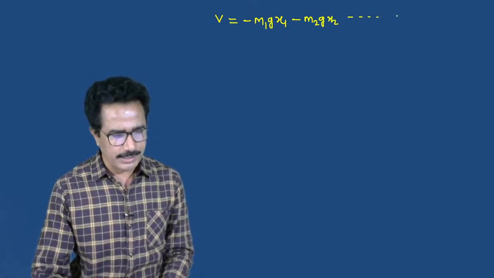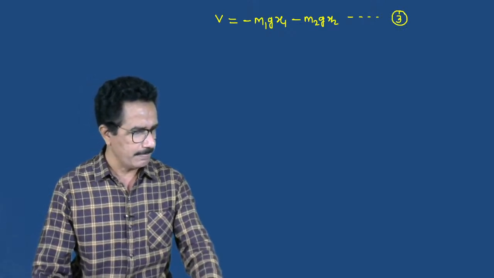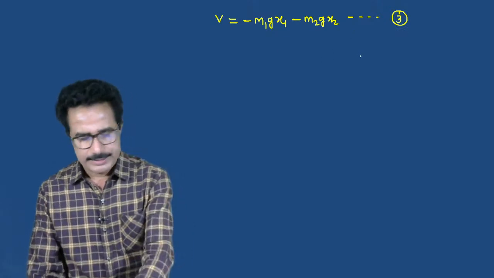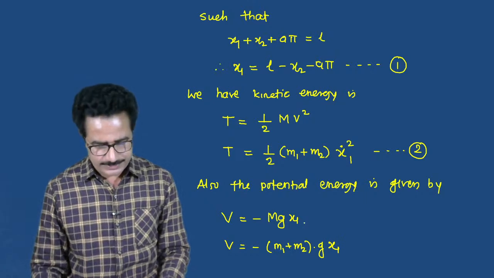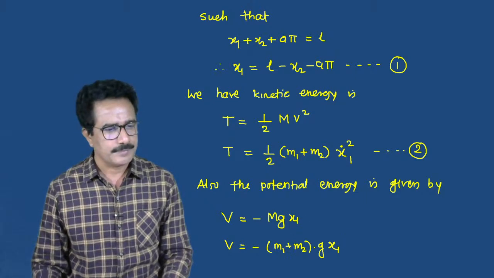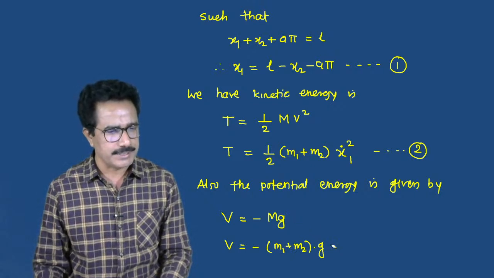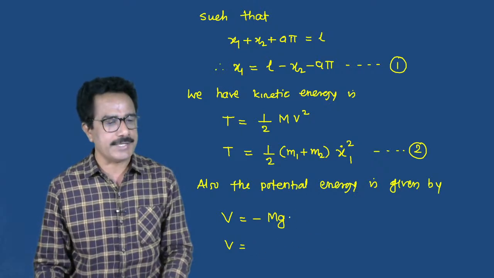Suppose this is equation number 3, which is used for the potential energy. But here x1 and x2, mgx. We shall write mgx, here we have to use mg into L. Understood?